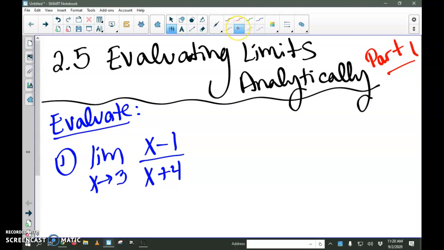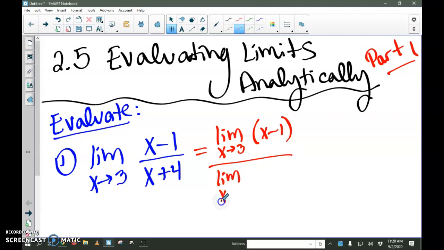And when you watch the video on limit properties, they said that if you have a limit of a quotient, that is equivalent to the limit as x approaches 3 of (x minus 1), notice I am going to put x minus 1 in parentheses because I'm applying the limit to both the x and the minus 1. So anytime you have a binomial or more, that expression should be in parentheses. Okay? And I'm applying the limit to each the numerator and denominator.